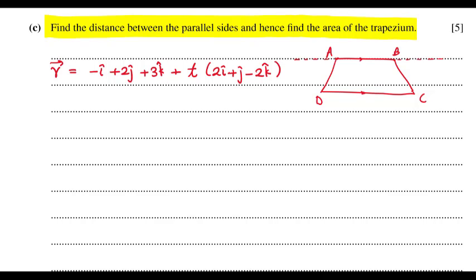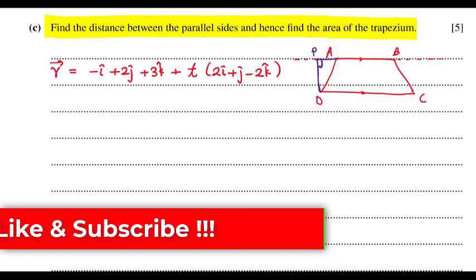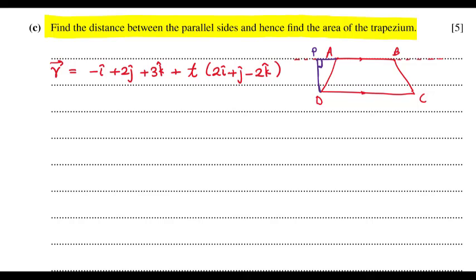If we think about a point on this line, let's call it P, such that PD is perpendicular to the line AB, or vector AB, then once we get the P value we can find the distance PD, its magnitude.